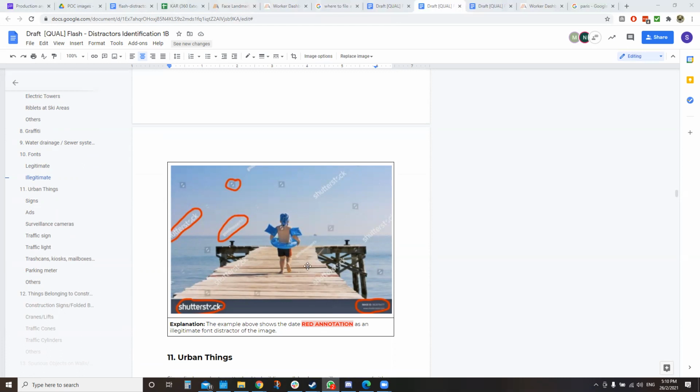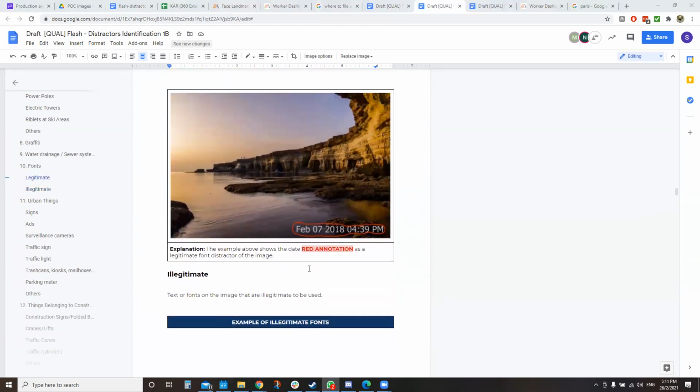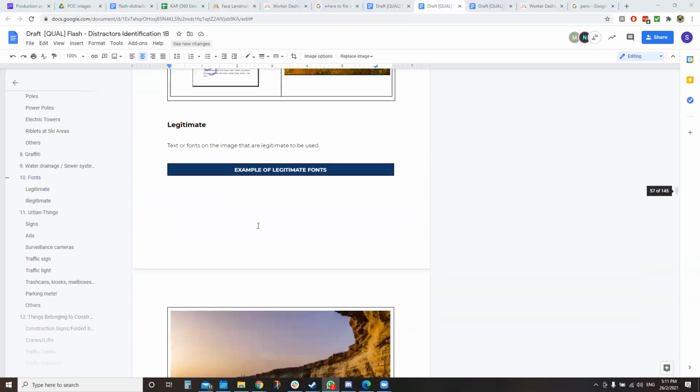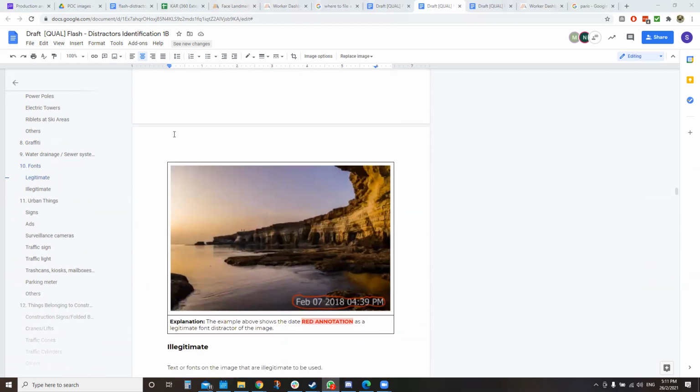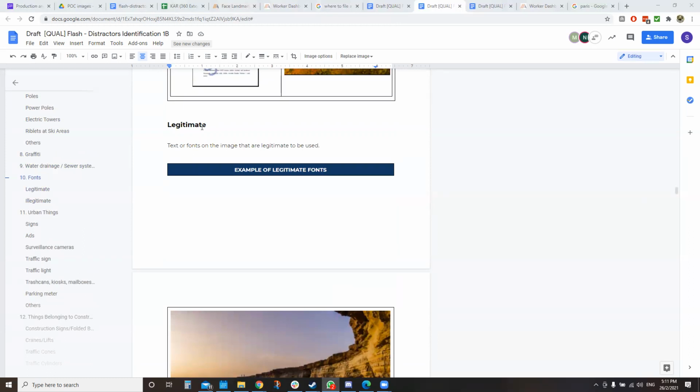Can you go to the previous image? Is this fine, or do you need to remove this one as well? This one also must be removed. All types of watermark must be annotated. Sometimes certain photographers might sign their name at the bottom here, so that one also must be removed. Just that it is legitimate.